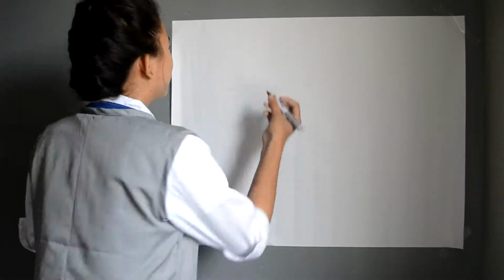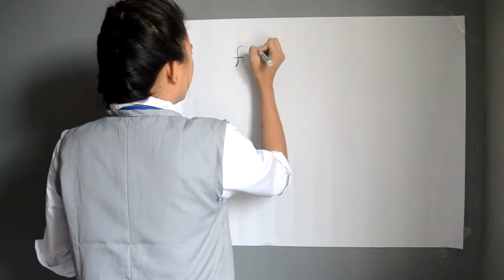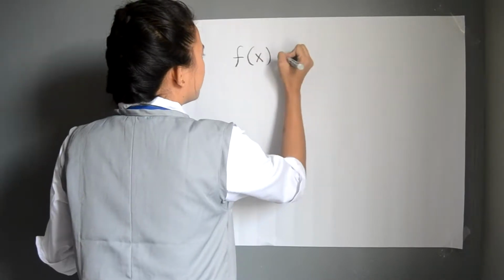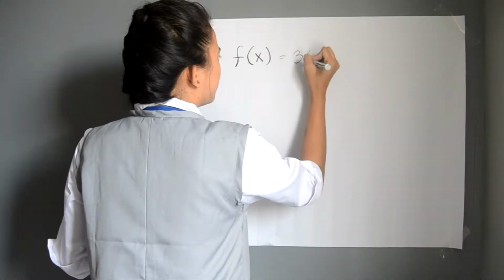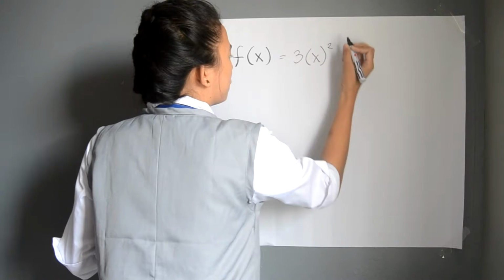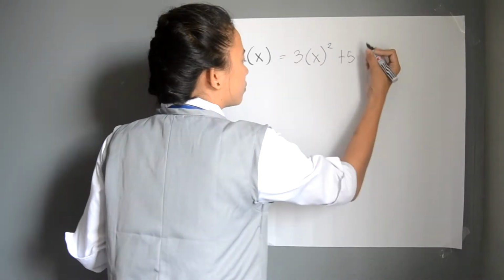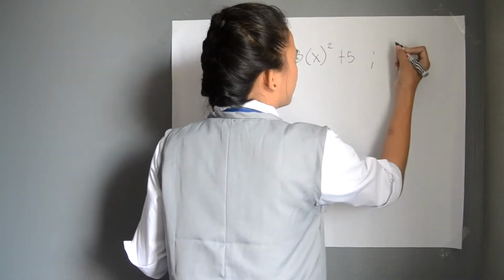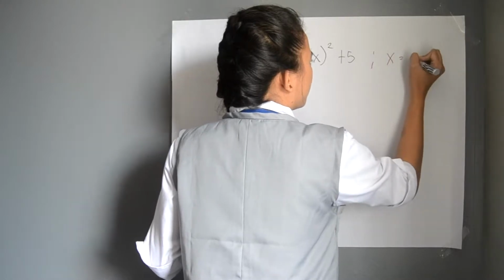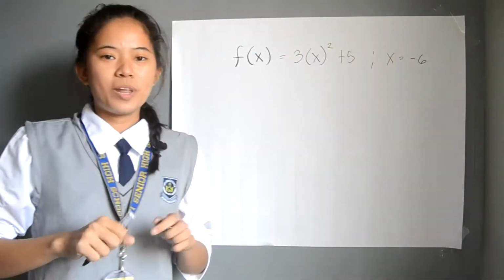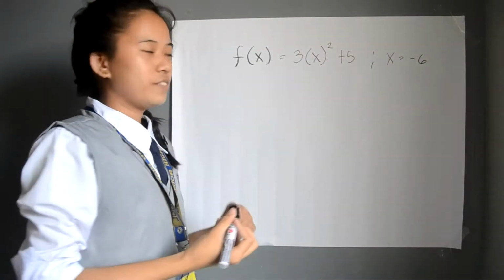Another example of evaluation of function is f of x is equal to 3 times x raised to the power of 2 plus 5, where the x is negative 6. Replace the x with negative 6.